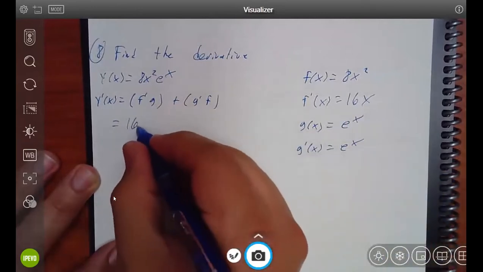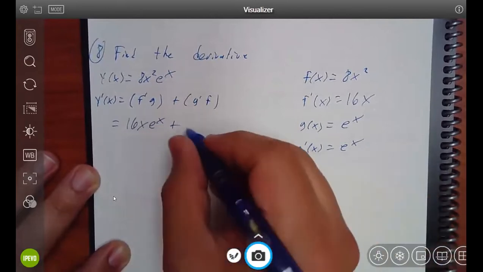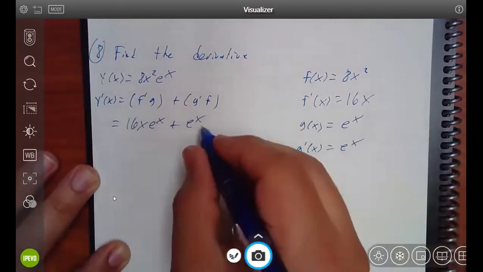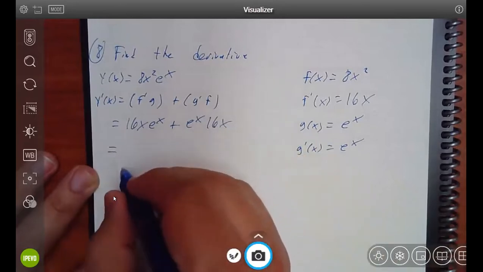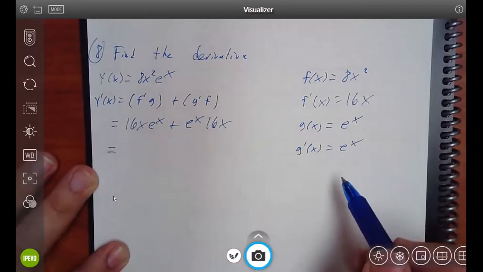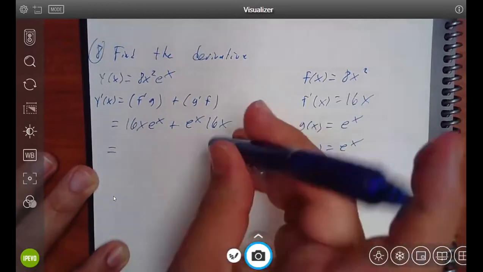This will be 16x e to the x plus e to the x 16x. So this will be the same thing, it looks like. No, this should be 8x squared.